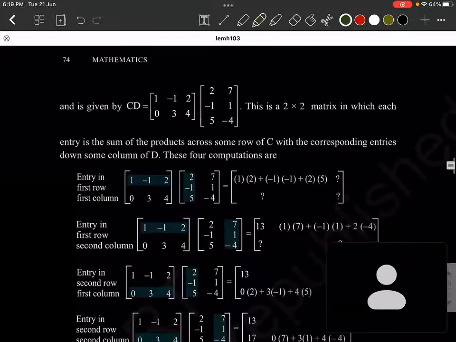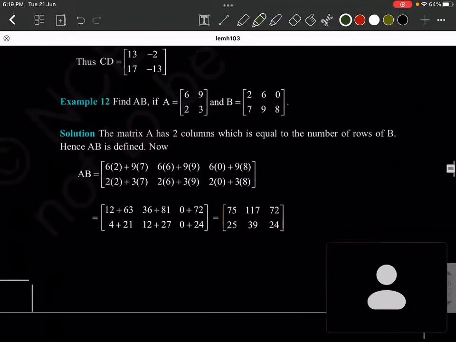Okay. Now, you guys try this. 6, 9, 2, 3. Keep trying it.